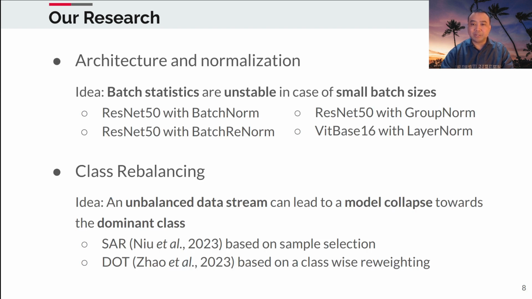The tips and tricks we are gonna investigate can be classified into 4 groups. The first group, called architecture and normalization, relies on the idea that batch statistics are unstable in case of small batch sizes. The idea behind the second group, called class rebalancing, is that an imbalanced data stream can lead to a model collapse towards the dominant class.